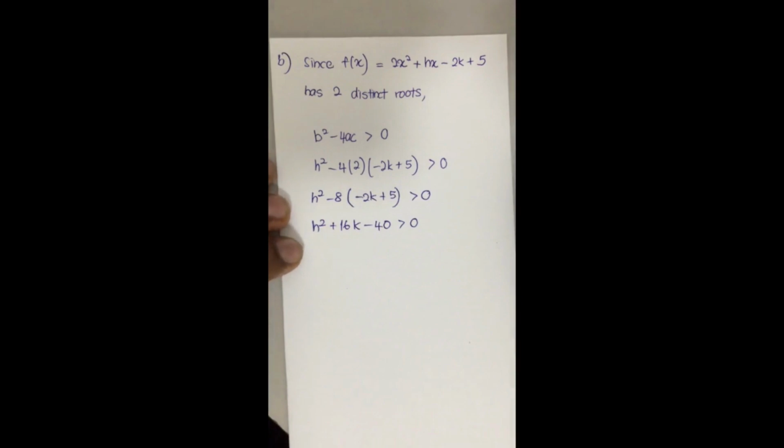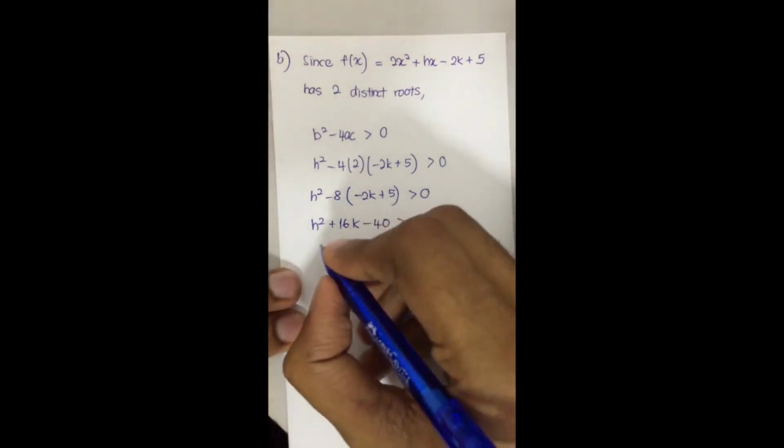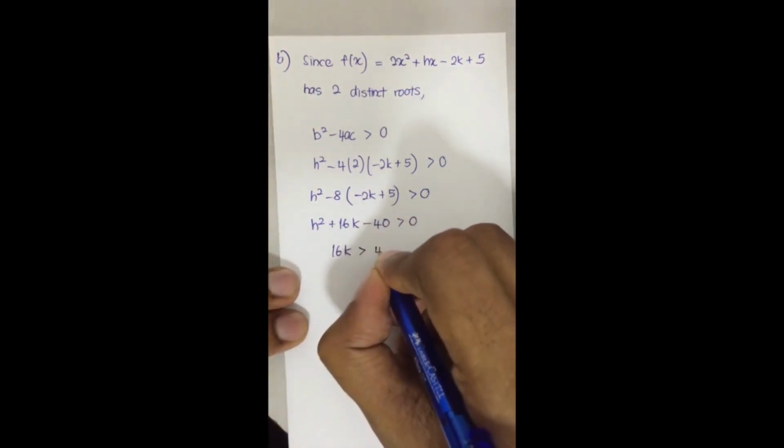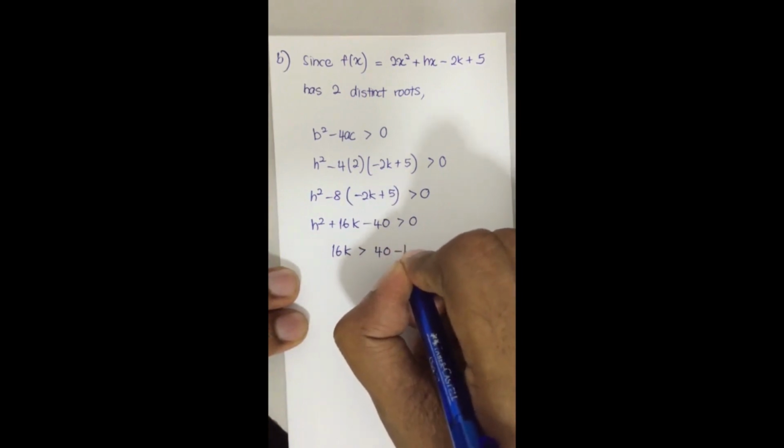Since we need to prove the equation for k in terms of h, we let the k stay on the left hand side and move the rest to the right hand side. I hope you understand what I mean, guys. So from here 16k is more than 40 minus h squared.